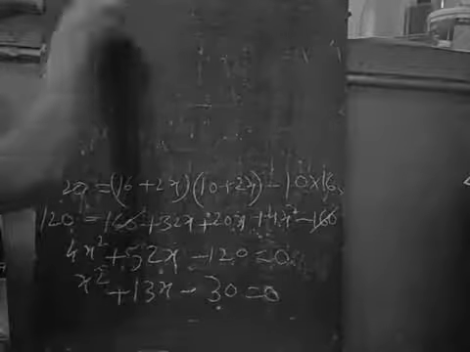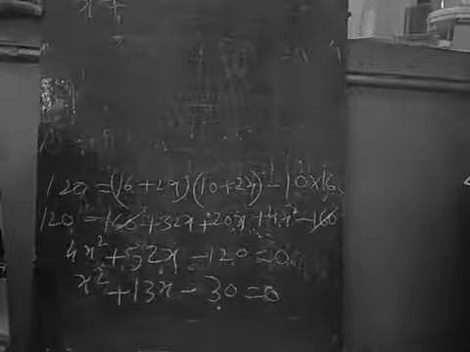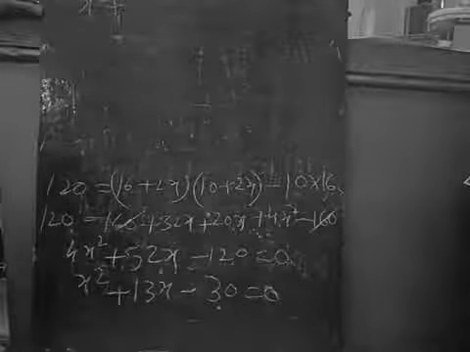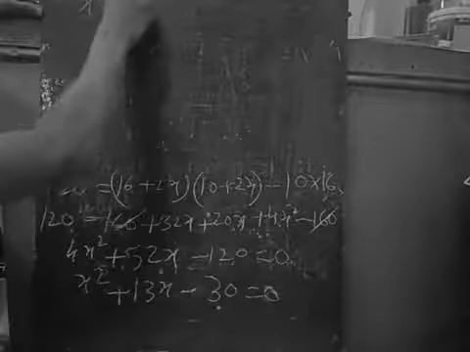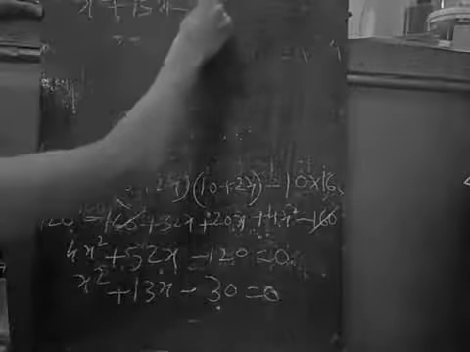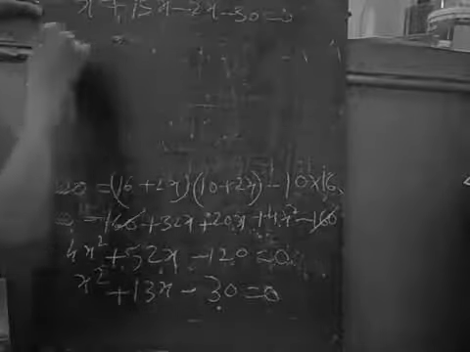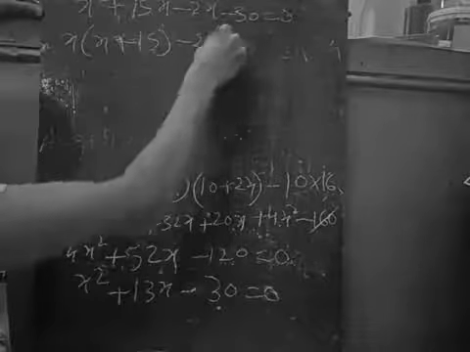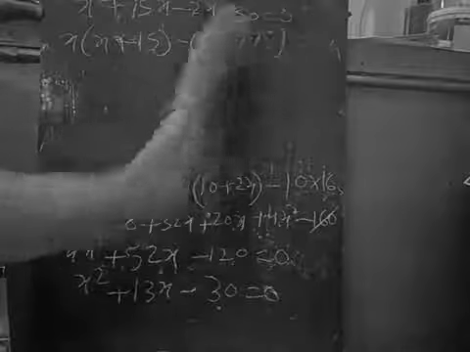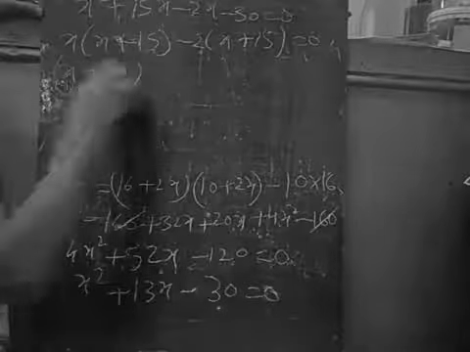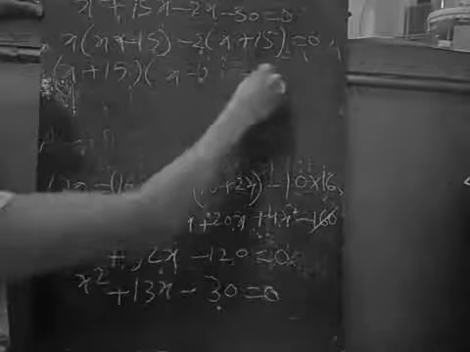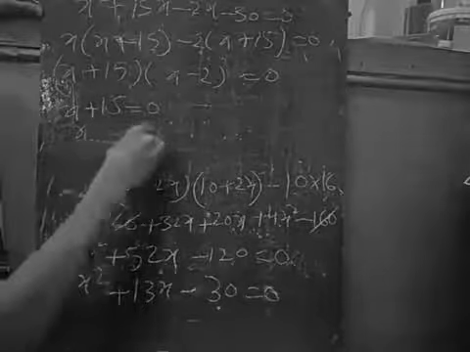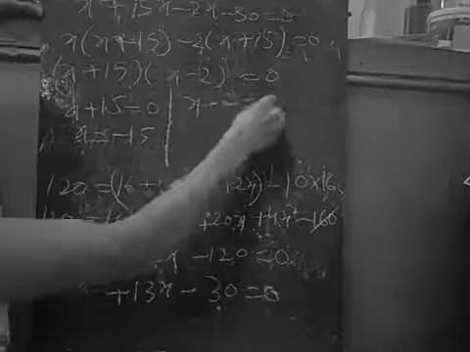So x square plus, factors of 30, 15 and 2, 15 minus 2. x square plus 15x minus 2x minus 30 is equal to 0. x common, x plus 15, minus 2 common, x plus 15 is equal to 0. x plus 15 and x minus 2 is equal to 0. x plus 15 equal to 0, x equal to minus 15, and x minus 2 equal to 0, x equal to 2.